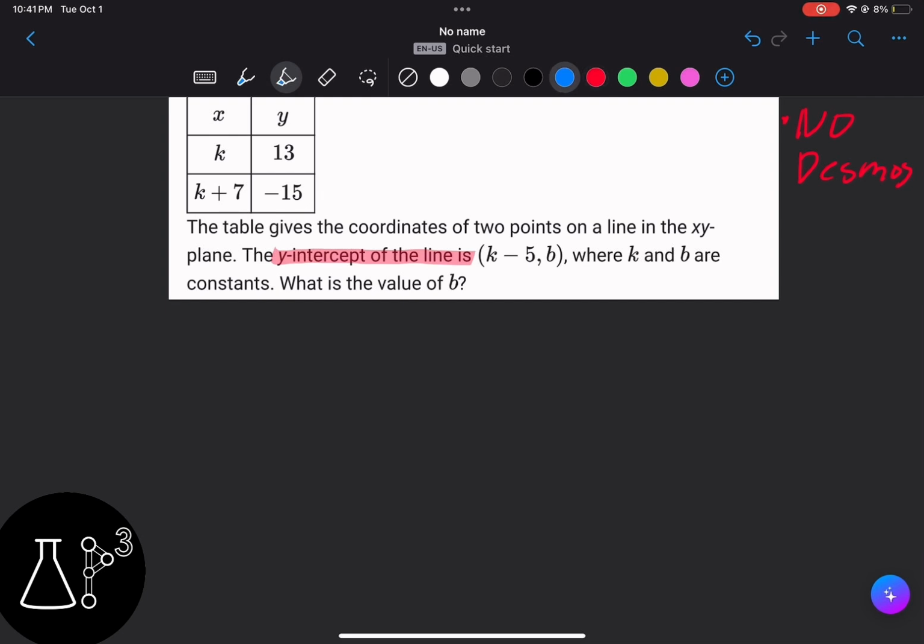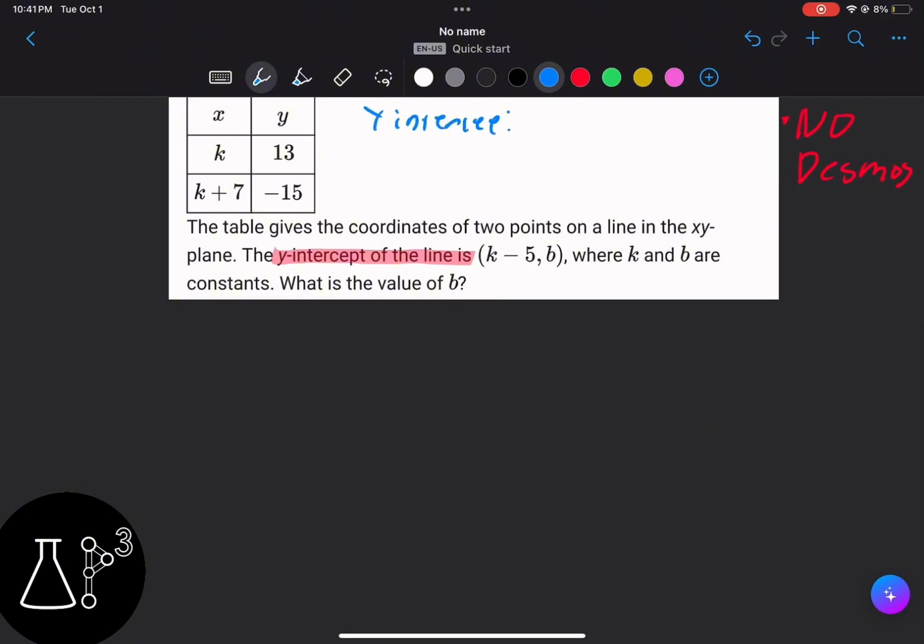Now, what is the y-intercept? What does it look like? Well, let's remember, the y-intercept is when x equals 0, and then we have a value of y. And in this question, the y-intercept is (k minus 5, b). And x has to equal 0 in order to be the y-intercept.